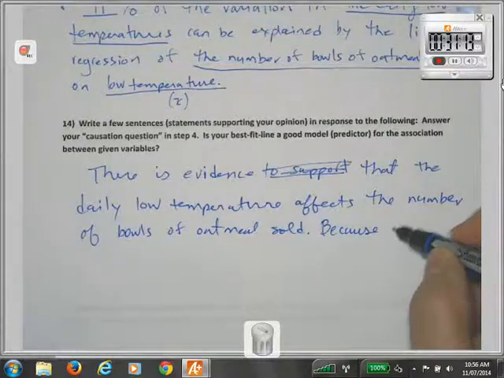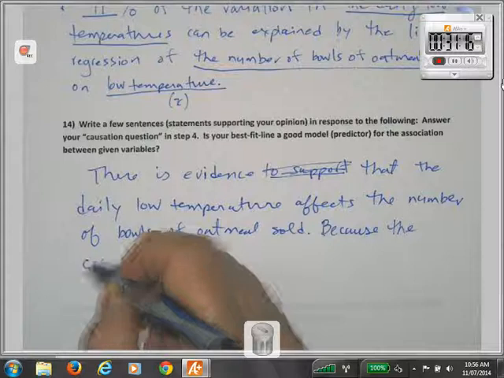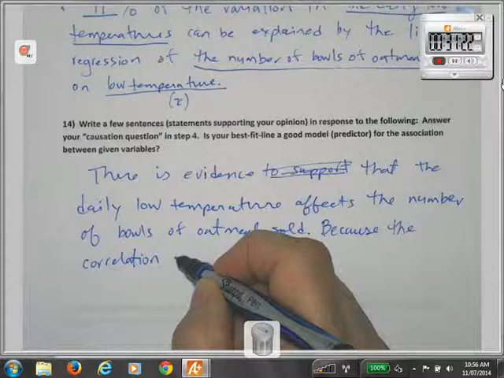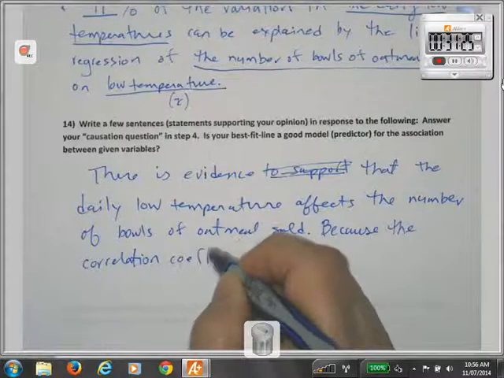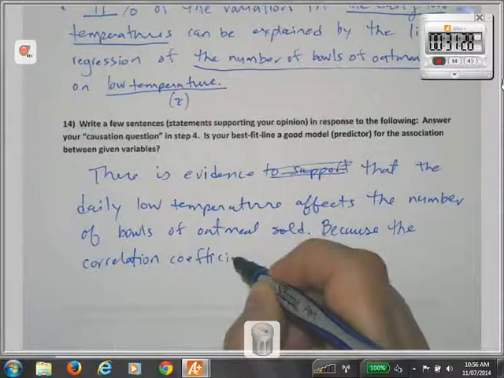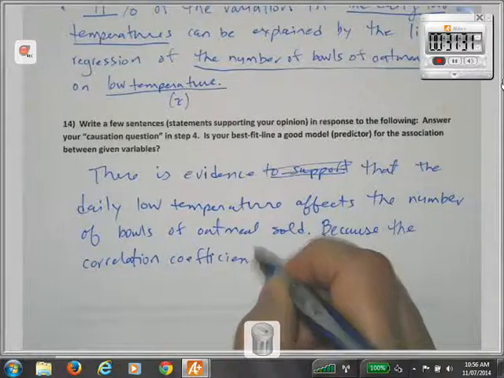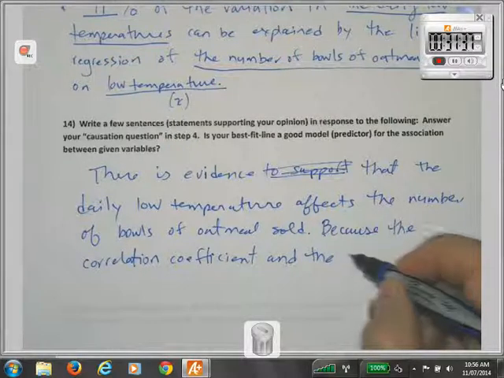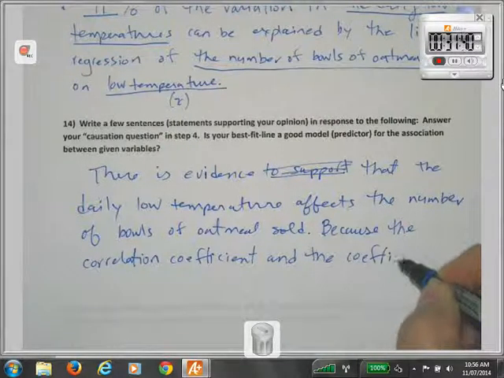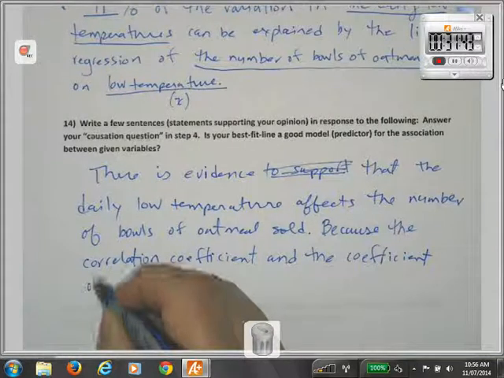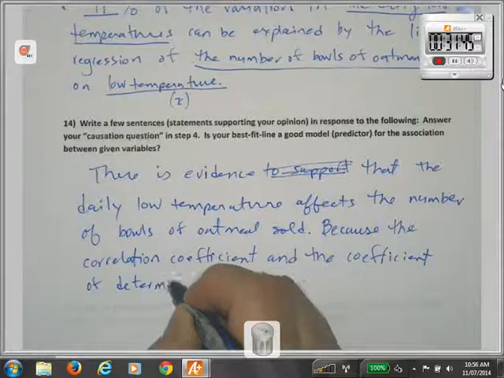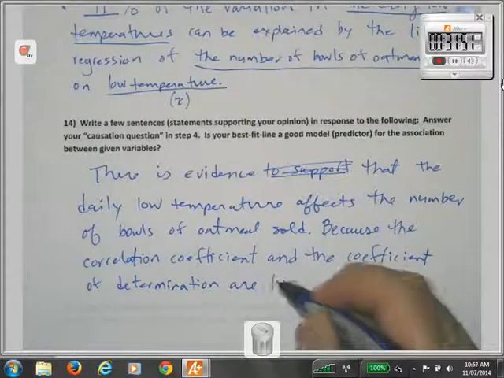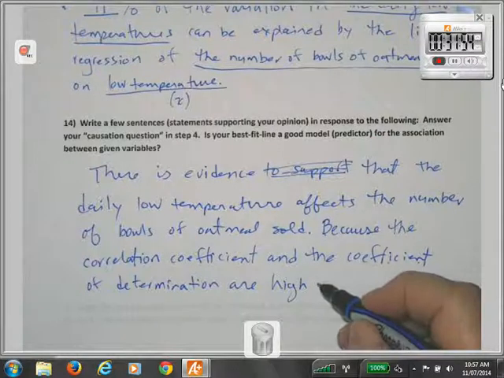Because the correlation coefficient and the coefficient, these are all fancy words for you, of determination are high, or you could say strong.